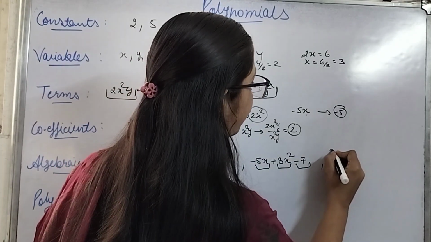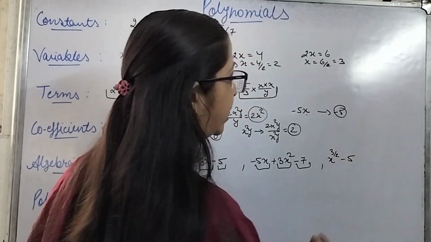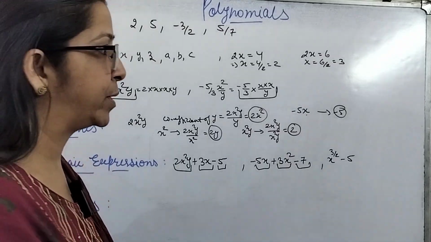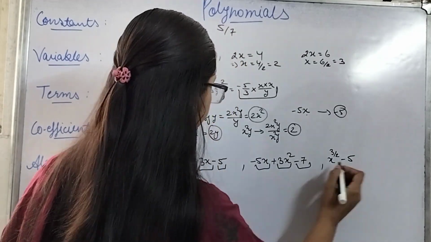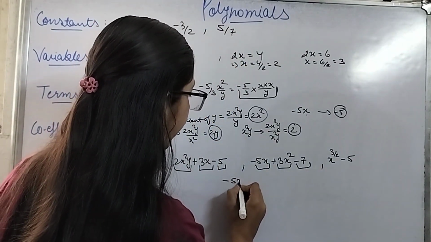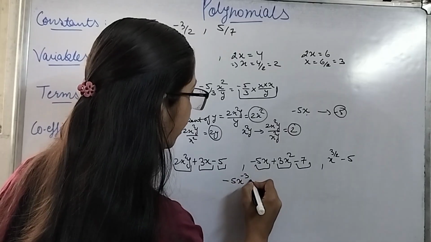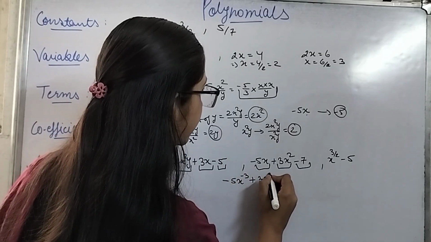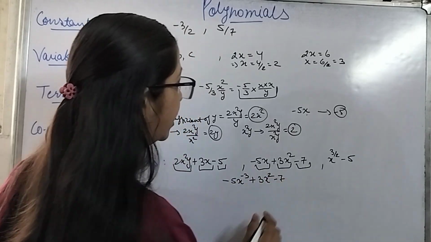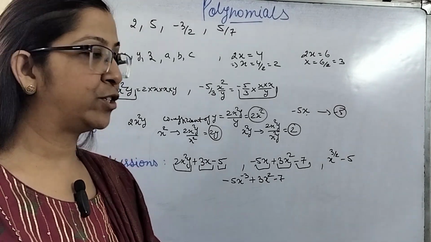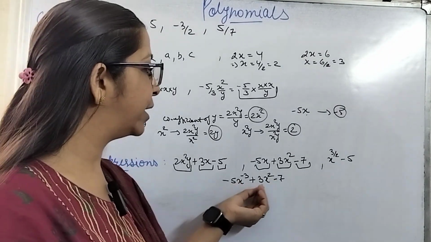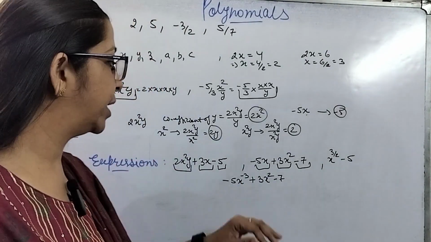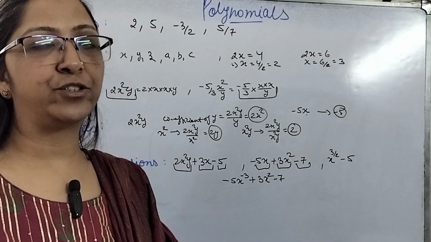Similarly, x raised to the power 3 by 2 minus 5 is even an algebraic expression. Or we can say minus 5x raised to the power minus 3 plus 3x square minus 7 is even an algebraic expression. So whenever we are either adding or subtracting terms, we get algebraic expressions.